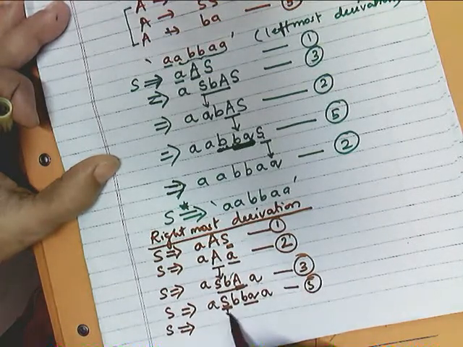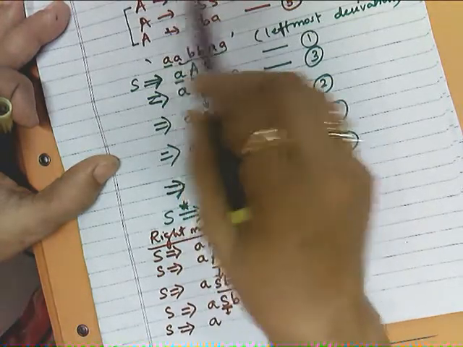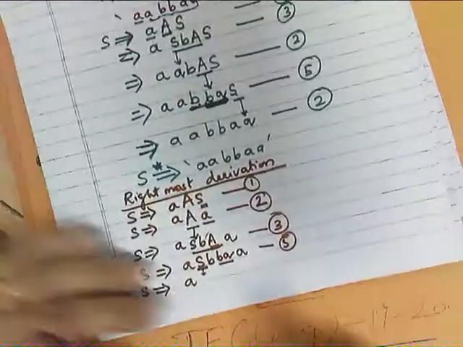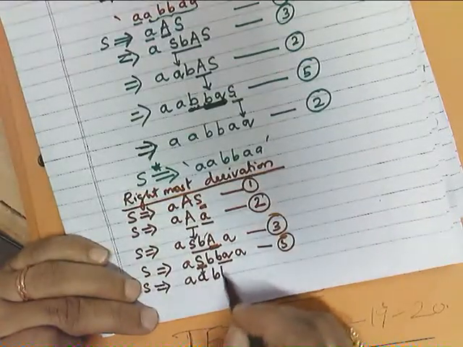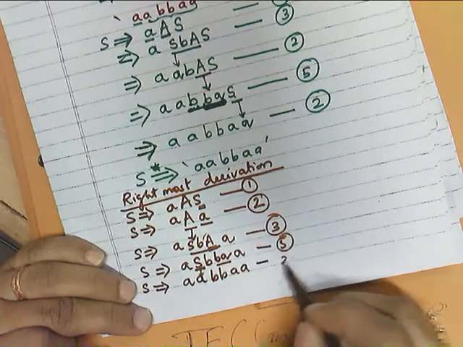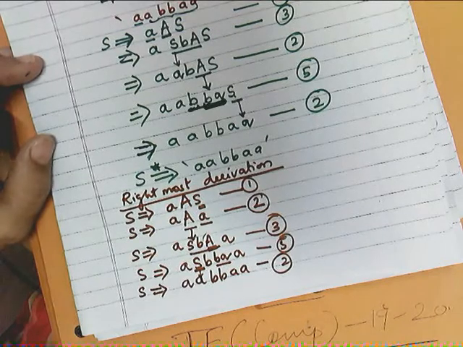So we will replace this A with the A by using rule 2. Our rule 2 is S produces A. So we will write AA, BB, AA. Now we are able to derive the expected string using rightmost derivation as well.